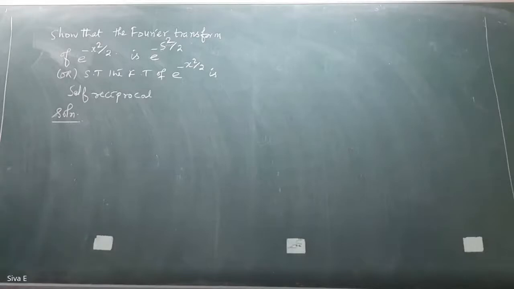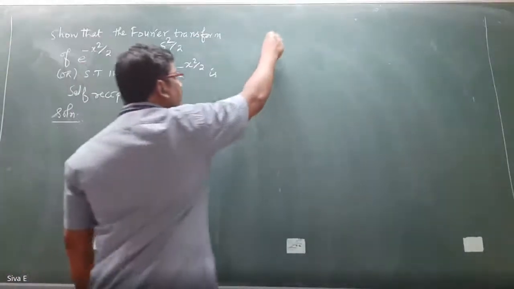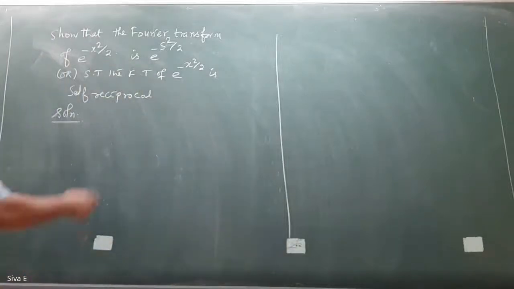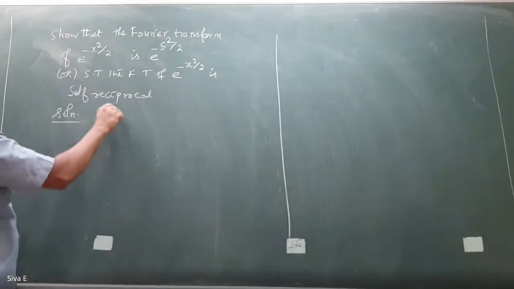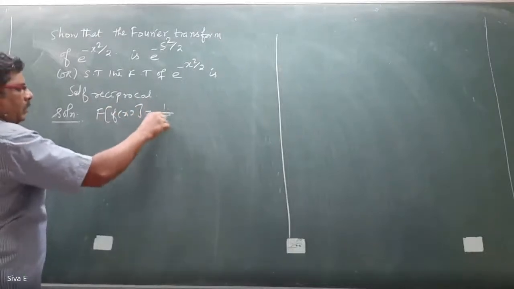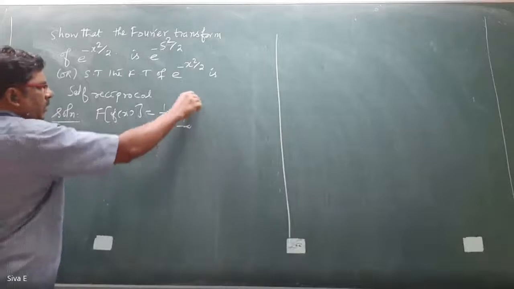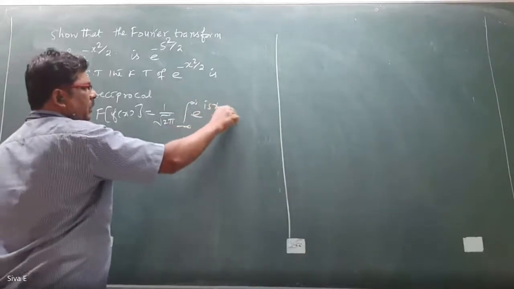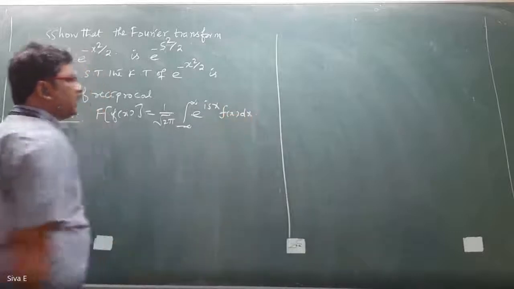See the solution. How to do this? What is the Fourier transform of f(x)? F(s) equal to 1 by root 2 pi integral from minus infinity to plus infinity e power isx f(x) dx.